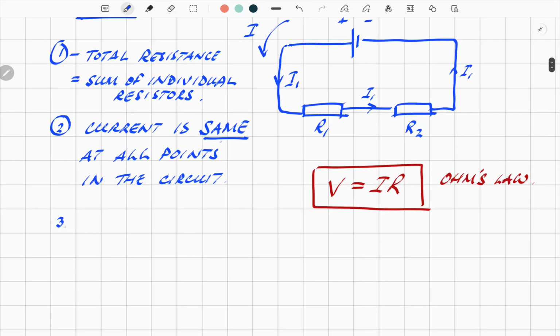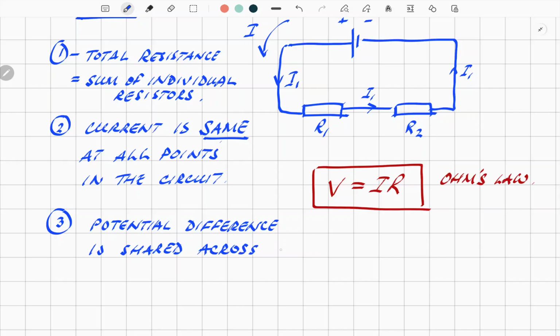Then the third rule, okay, is that the potential difference across components, and you may sometimes want to call it voltage, is shared across components.